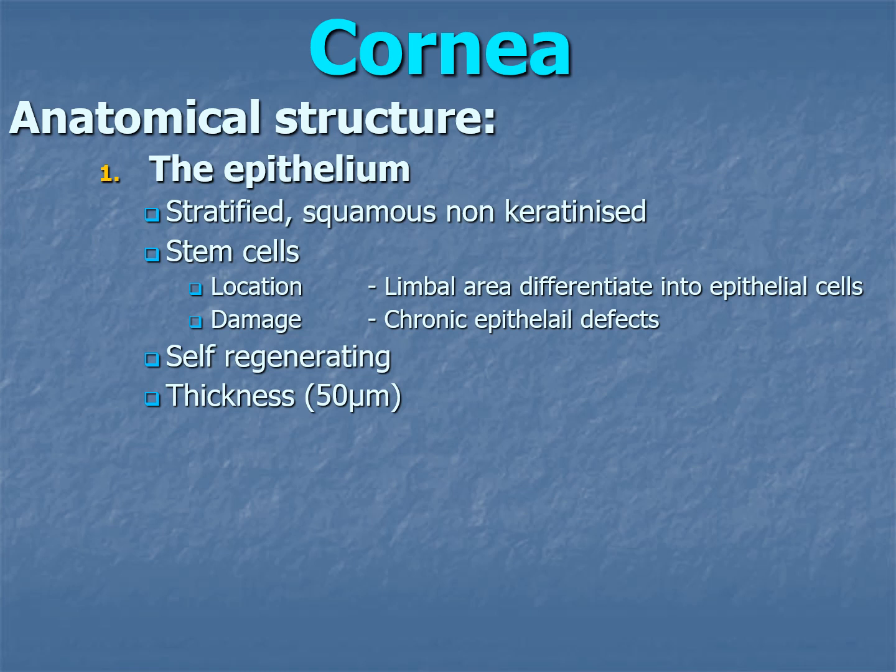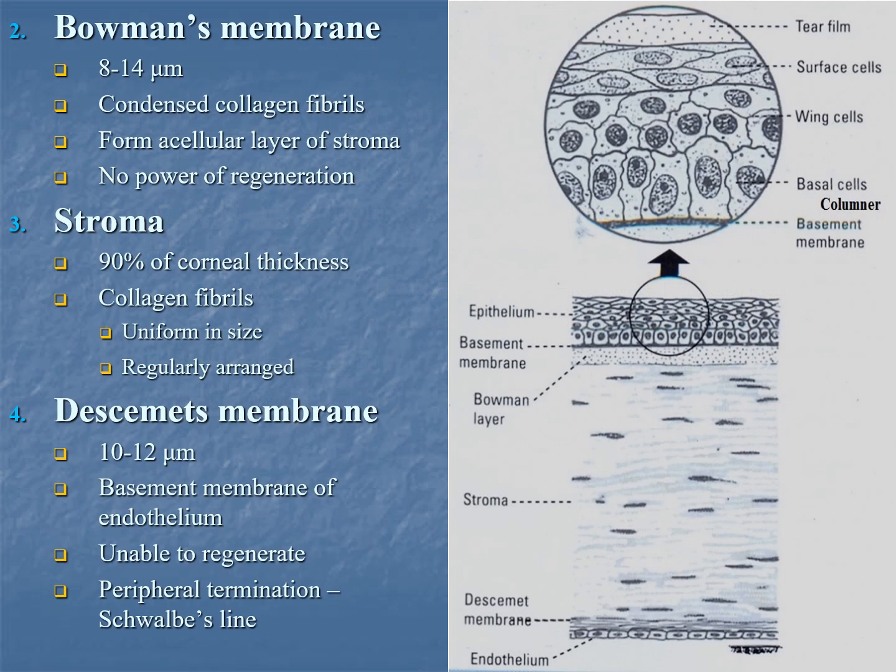The epithelium is a self-regenerating structure. If we ablate the healthy epithelium, it can regenerate in 24 to 48 hours. After a lifespan of a few days, the superficial cells shed into the tears. The right side of the picture shows the 5 layers of the cornea, and the outermost layer is the epithelium, which is shown as an enlarged portion.